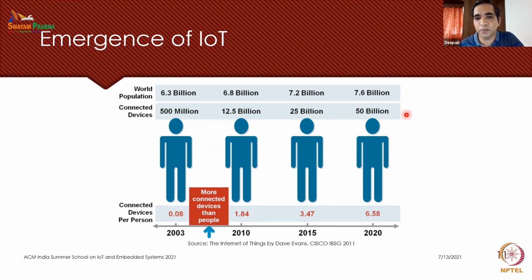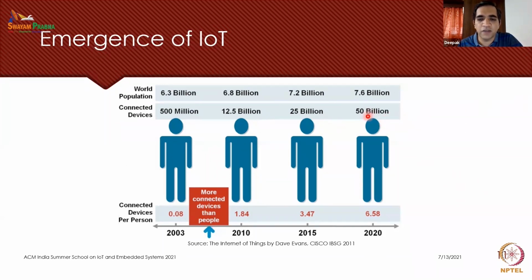It's the number of connected devices. So if there are like 50 billion devices plus the users that are connecting, of course, this is the worst case scenario, that all of them connect at the same time. But you can very well imagine this kind of scenario happening sometime later.